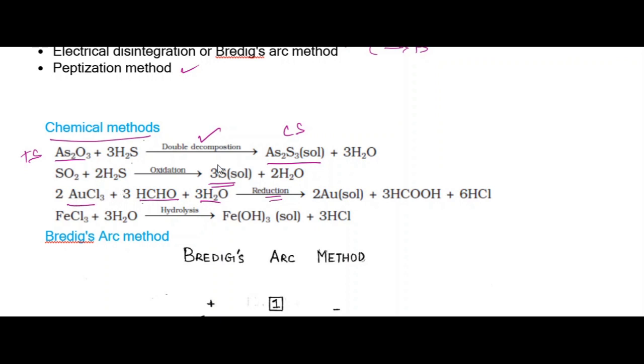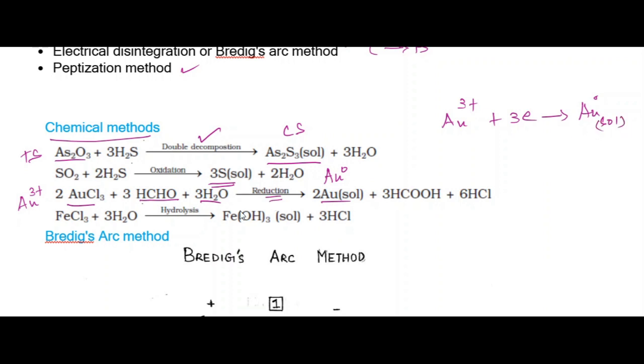So auric chloride is in the form of the Au3+ oxidation state. So this oxidation state becomes what? Au0. So this is reduction. You can write down the reduction process like this: Au3+ plus 3 electrons gives Au0. So you are able to get gold sol with the zero oxidation state.